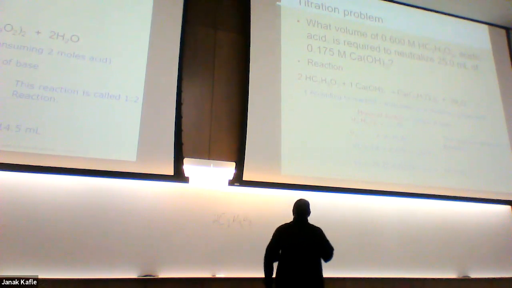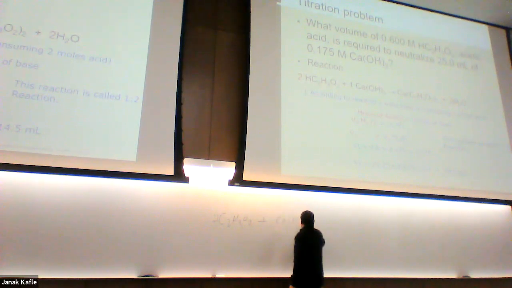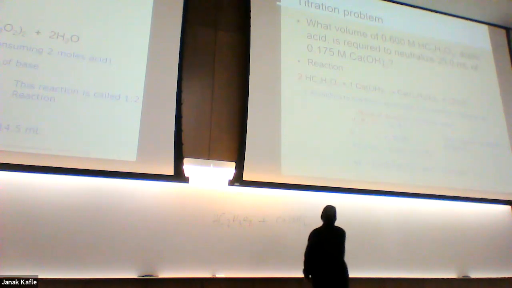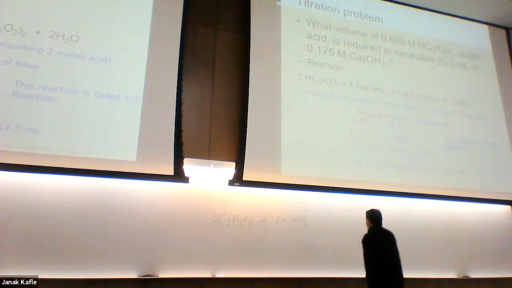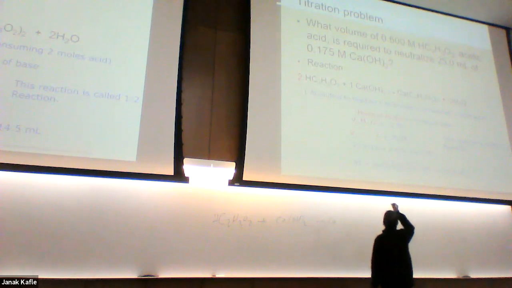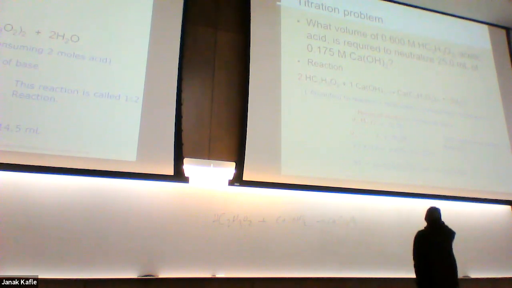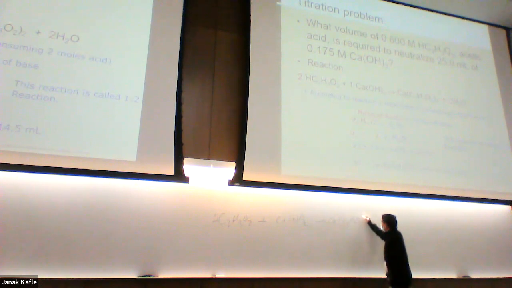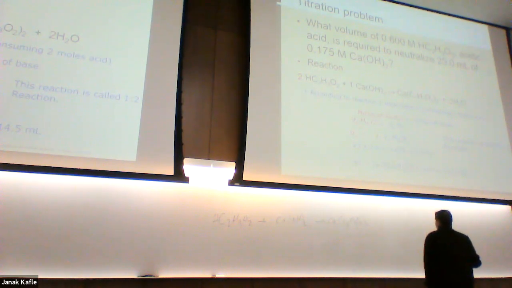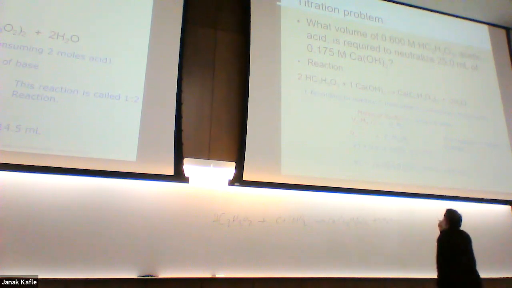So I just typed that there, and they are reacting with calcium hydroxide. This is acid, this is base, and when we react them, they form calcium acetate, C2H3O2, plus 2H2O, like this.